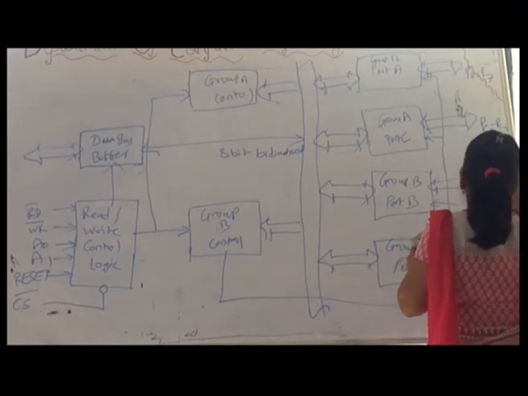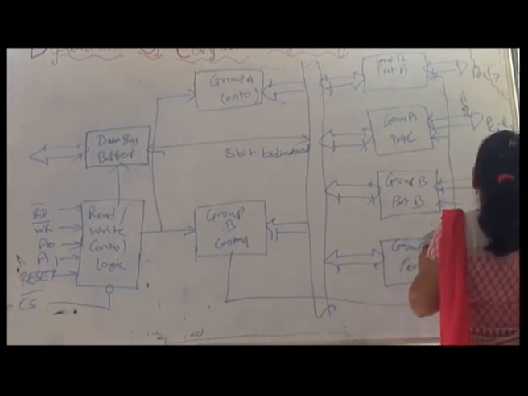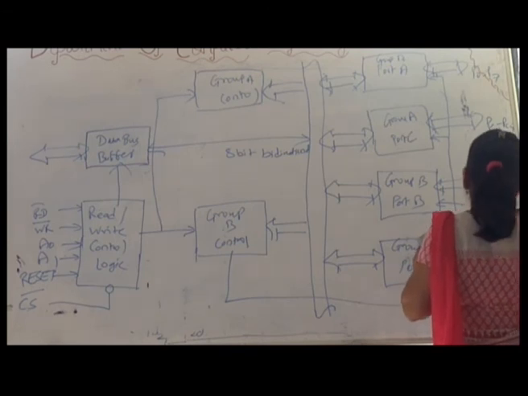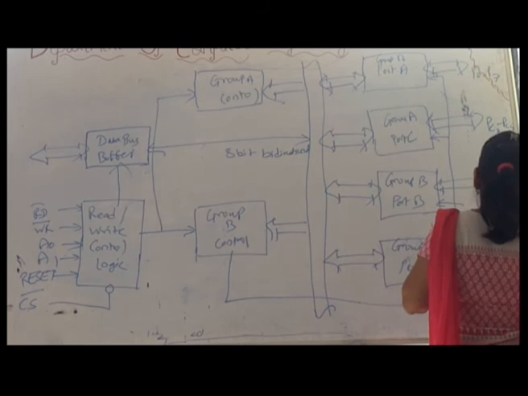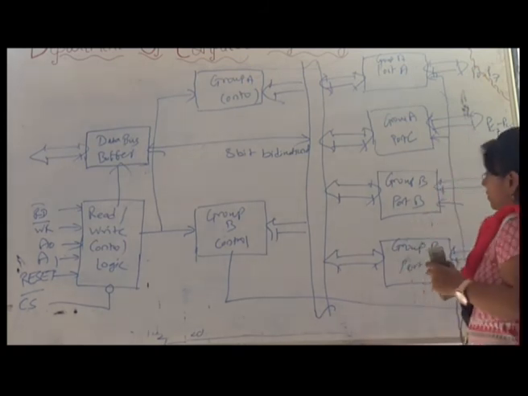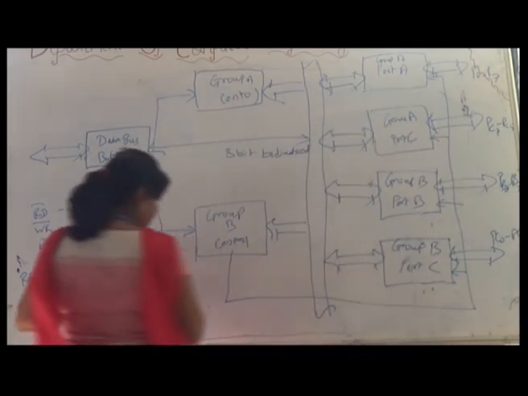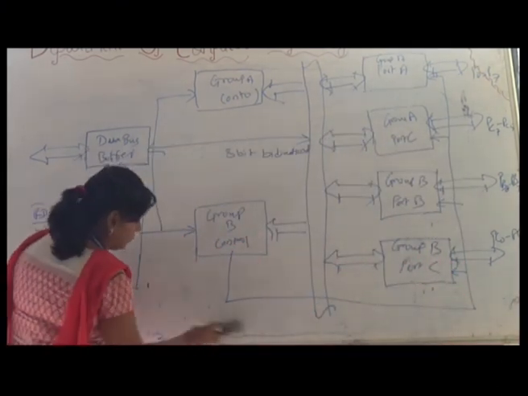Again this is PB0 to PB7, and this is port C pins PC0 to PC3. This is the complete block diagram of the 8255.